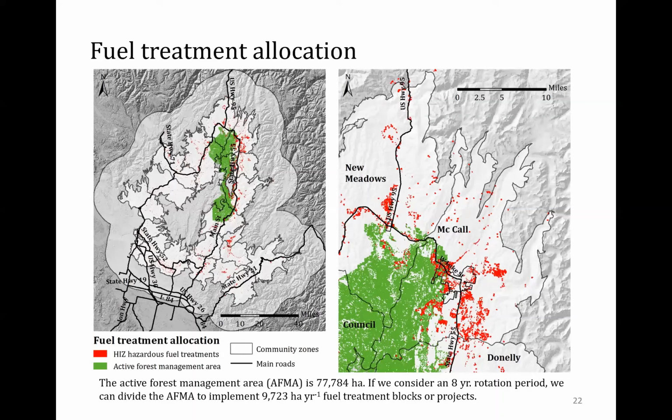Here, the idea is that we concentrate our landscape treatments on the areas with the higher transmission, and this is the active forest management area, where we are constantly treating the landscape to keep it with low transmission values and prevent and mitigate exposure in the communities.